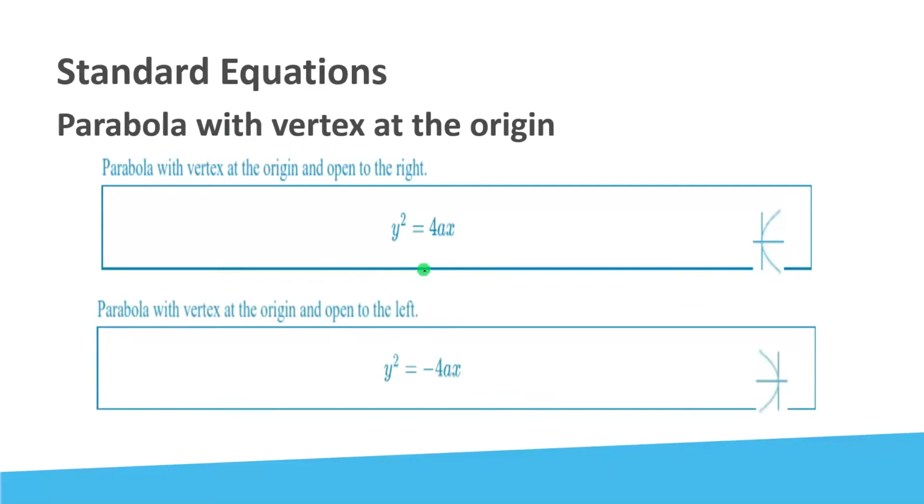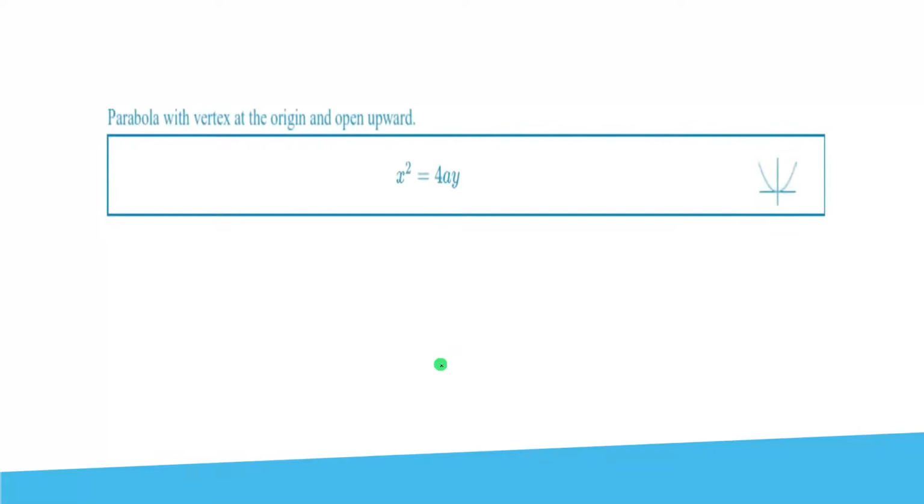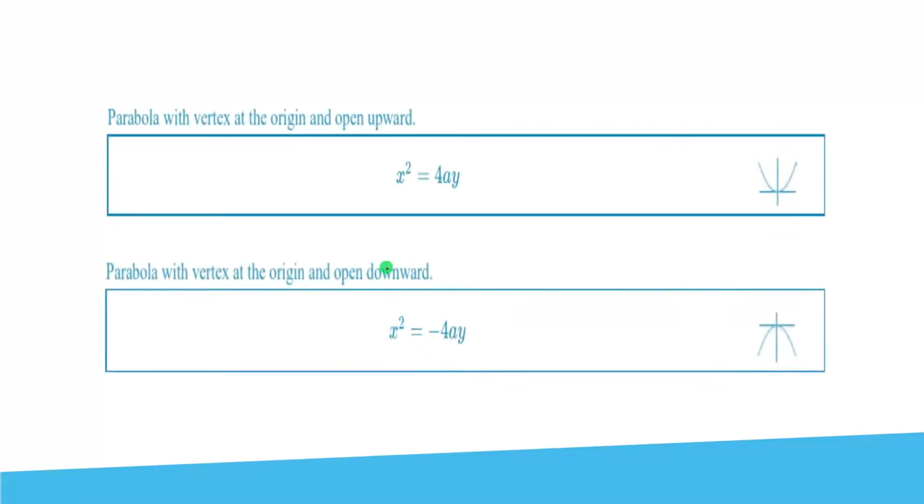So if it opens to the right, positive 4ax. Opens to the left, negative 4ax. Next, if it opens upward, your general formula is x squared equals 4ay. If it opens downward, this is x squared equals negative 4ay.